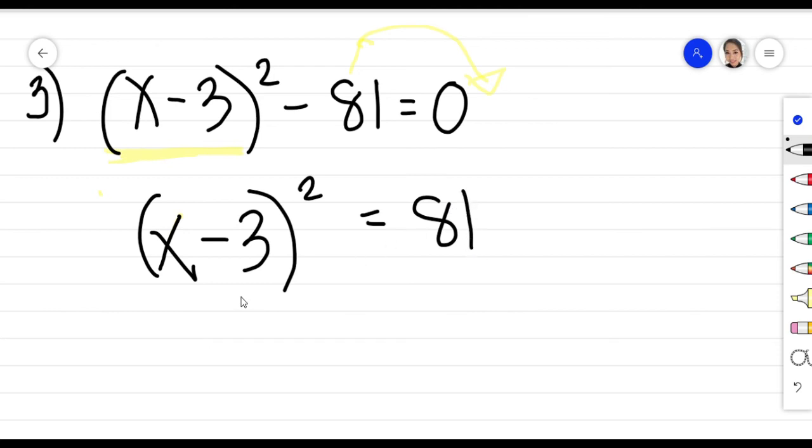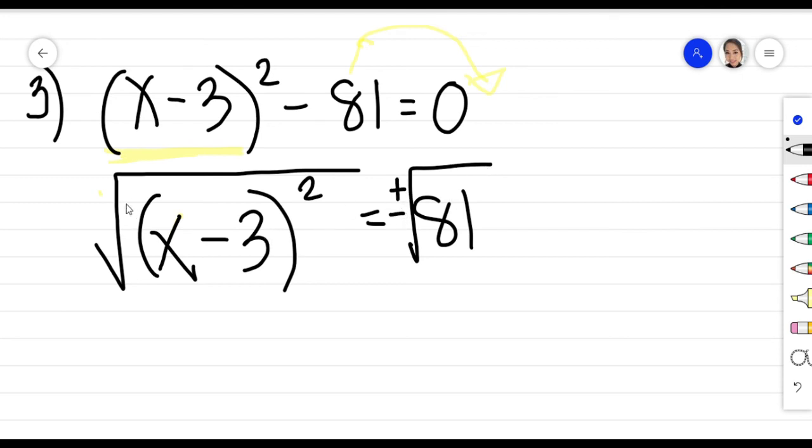And then we will now apply extracting square root. So just do the same thing. So write a square root here on the left side and do the same thing on the right side. So do not forget the plus and minus. So we know that there is an invisible 2 here, so we can remove that one and the exponent inside. So what is left is x minus 3 is equivalent to positive and negative square root of 81.